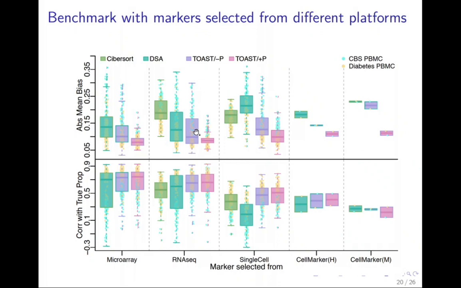The second thing we found is that the markers estimated from bulk data, like from microarray and RNA-seq experiments, are better than the markers selected using single cell data, and even better than the existing marker repositories. The mouse markers transformed to human symbols from the existing repository had the lowest performance compared with the markers from other resources.